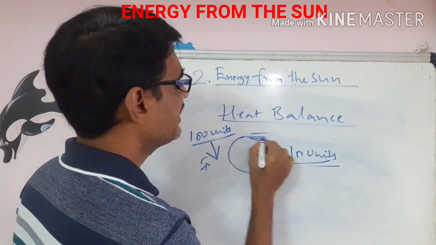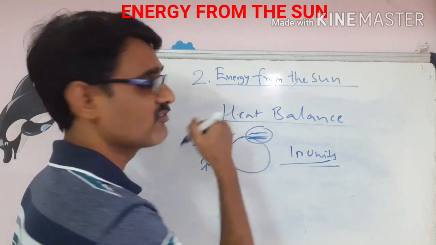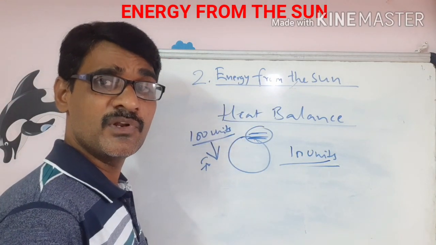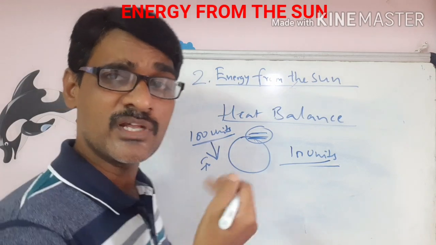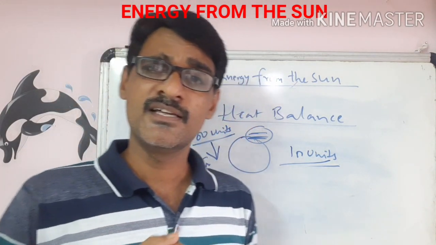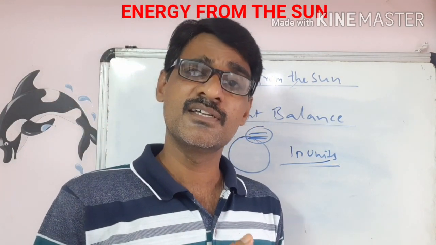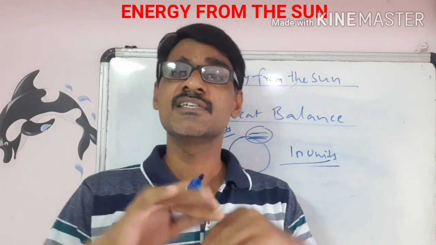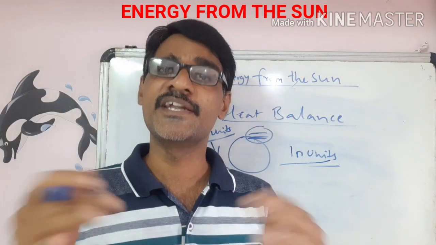It is equal. For example, if it is not equal, the total energy received by the earth's surface is retained on the earth's surface. What will happen? It accumulates. The energy is accumulated day by day.